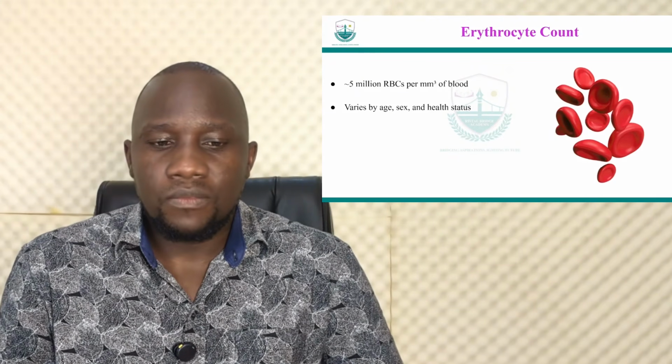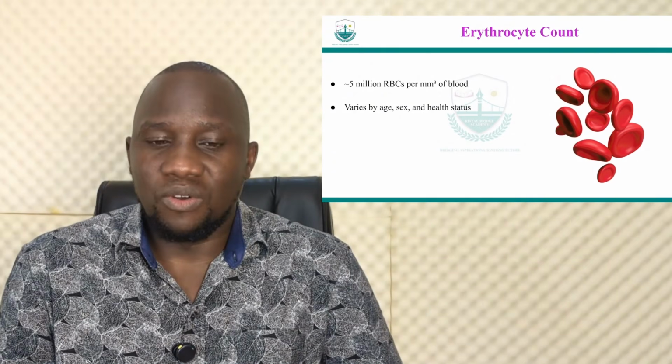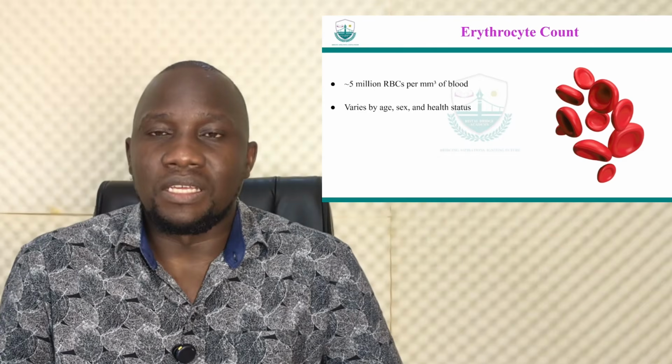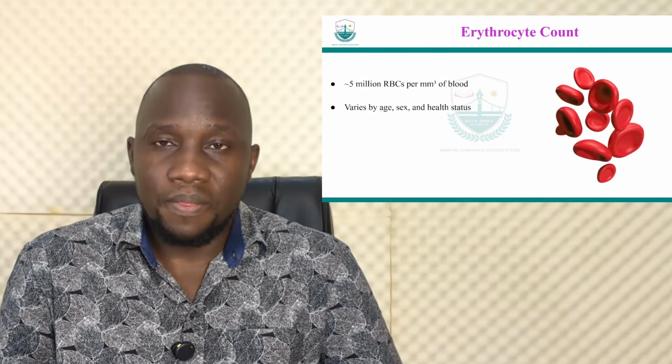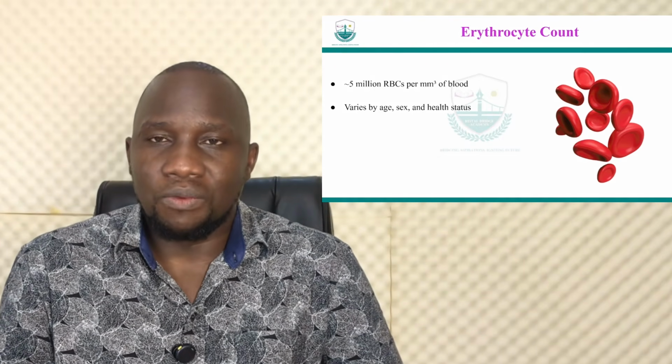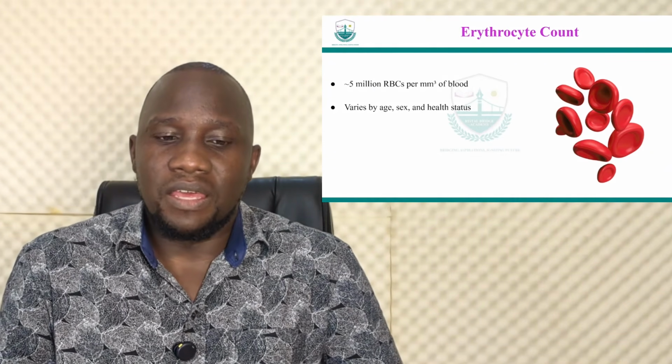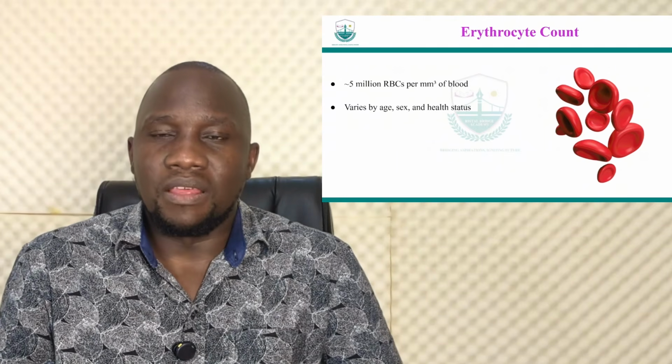Okay, so we have talked about the numbers of these red blood cells, and we emphasize that they vary by sex. We have seen that males have more red blood cells than females, and then by age, and then by health status.